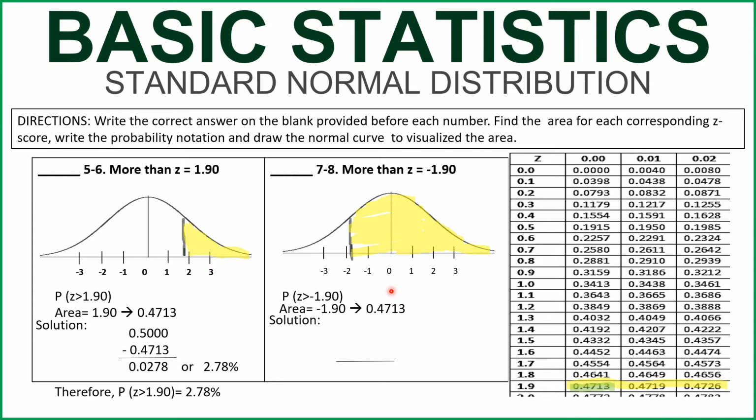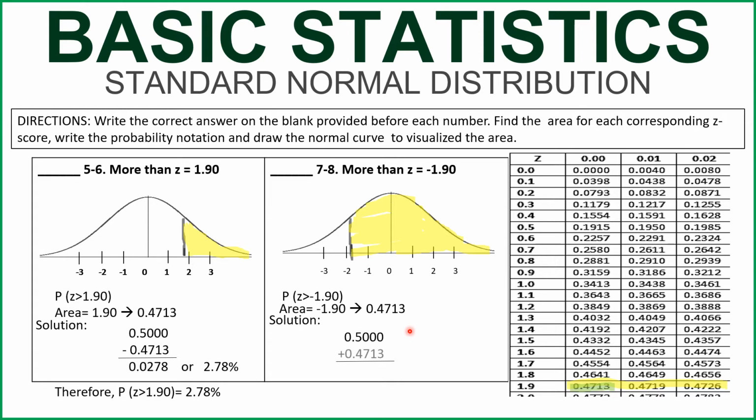So, for the solution, what do you think is the operation? Addition or subtraction? Okay, good. Addition. Because, as you can see, the other part is shaded, and at the same time there is shaded area on this side too. That's why we add them to get the total area. Right? This whole half is 0.5, the symmetrical half, and there is another portion here. So, we add them.